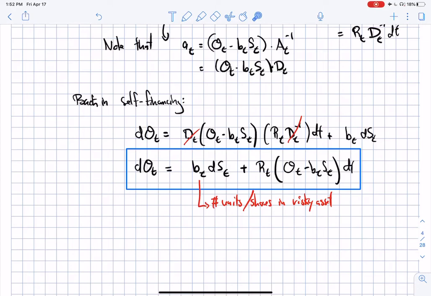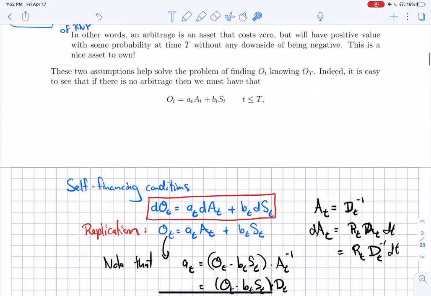That's the equation we're going to use to derive the value of O_t.